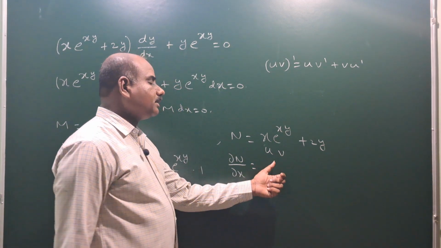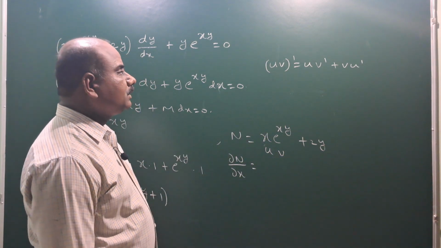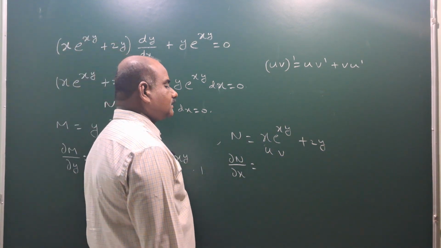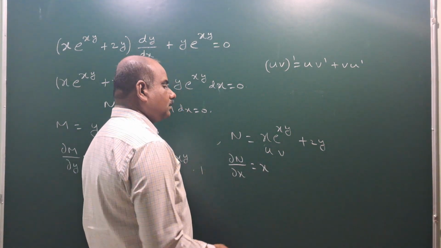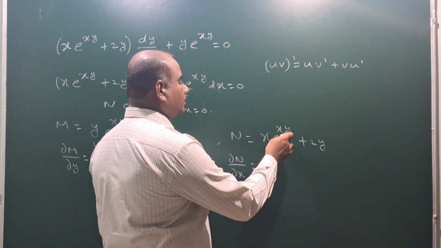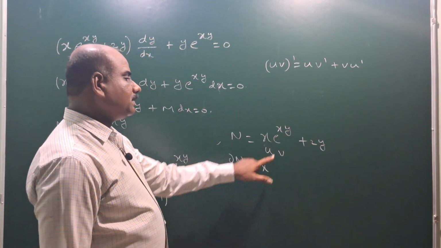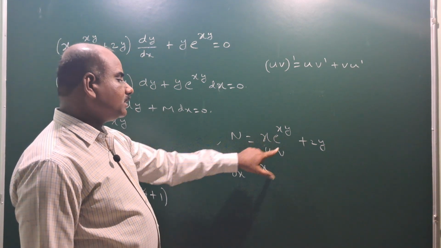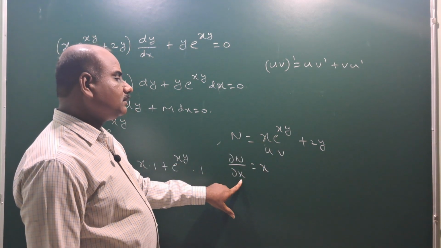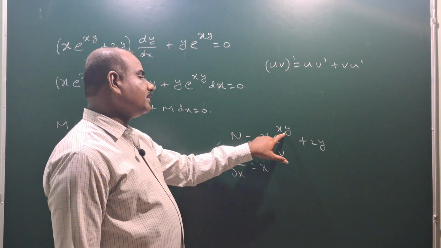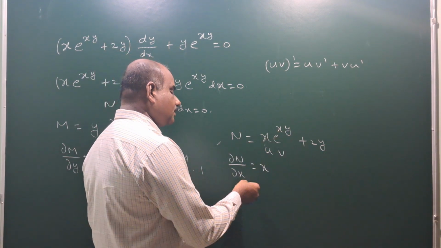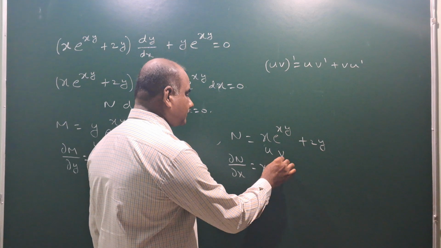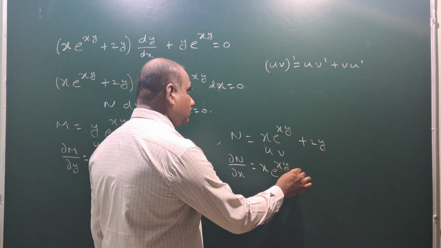Here also we apply the formula: uv whole dash is equal to u v dash plus v u dash. So keep u, differentiate v, e^(xy). Treat the power as x, because we differentiate with respect to x, then it is in the form e^x, so the derivative of e^x means e^x only.